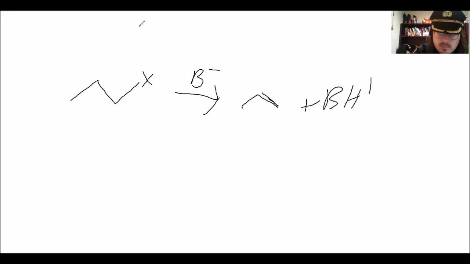BH neutral plus X minus. So we're going to cause the leaving group to leave, but first we're going to attack and remove a hydrogen. That's essentially what's happening during beta elimination.